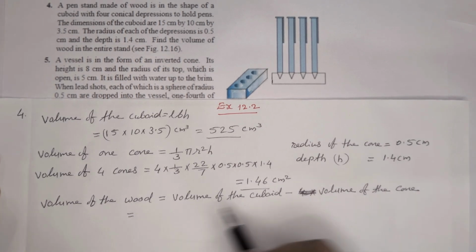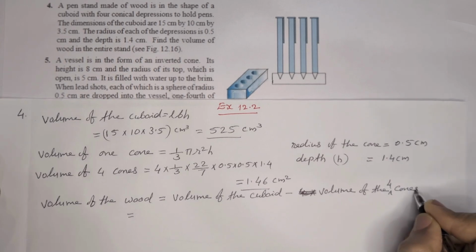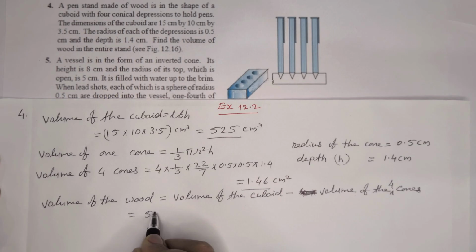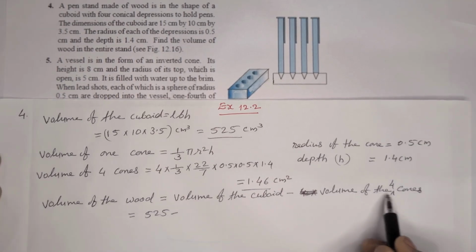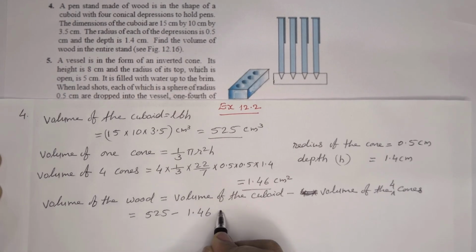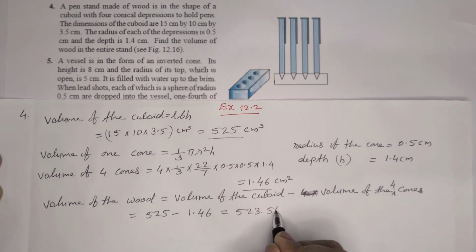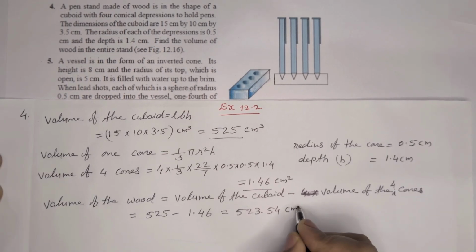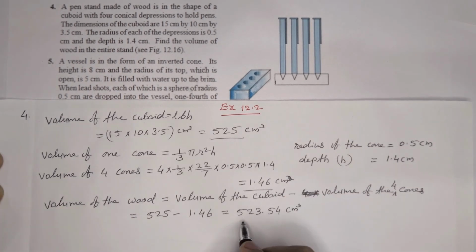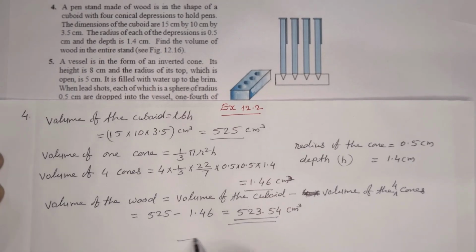The volume of the cuboid is 525, minus the volume of 4 cones, which we already calculated as 1.46, which is equal to 523.54 centimeter cube. So the volume of the wood is equal to 523.54 centimeter cube.